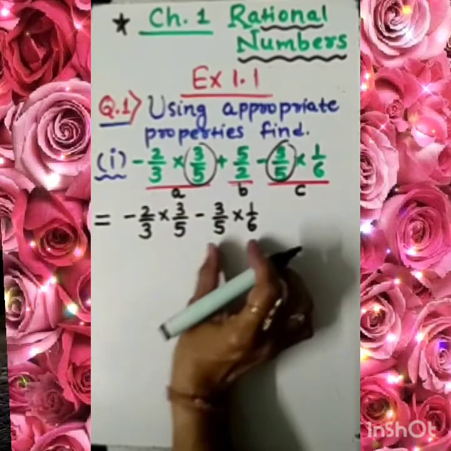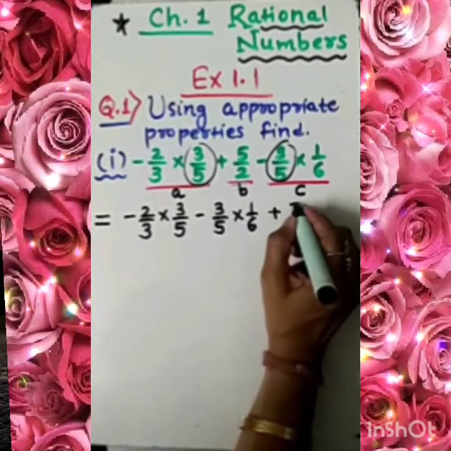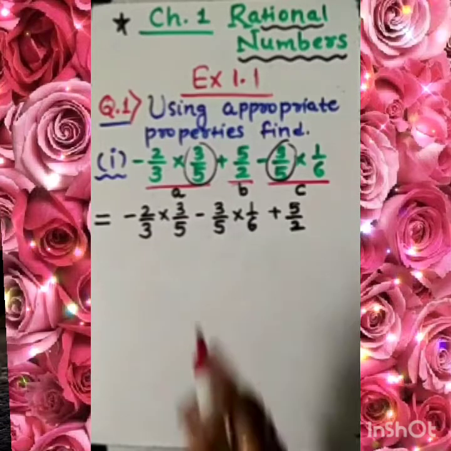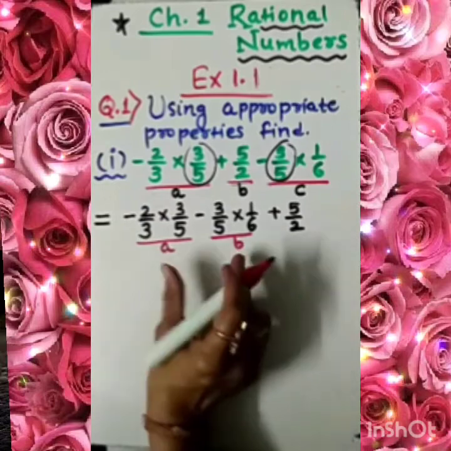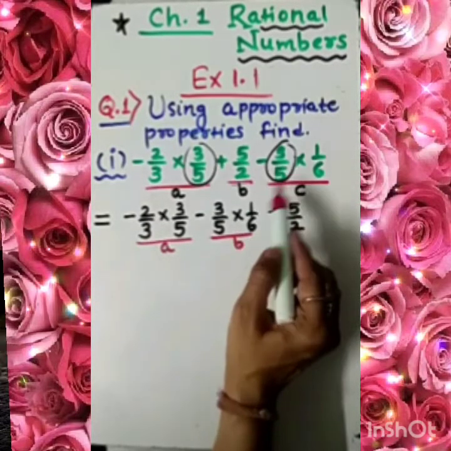These two terms I am writing together, and this B term I am putting at the end. Simply, I have written A and B together, the reason being that there is 3 by 5 in common.